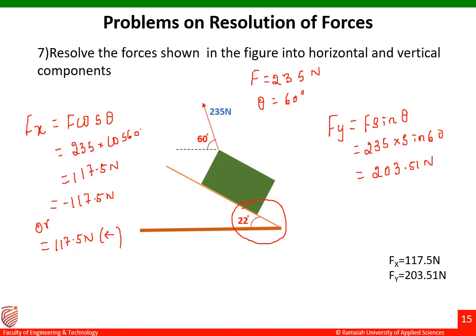Okay, this force is falling in second quadrant. That means my Fy component will be positive. This can also be written as 203.51 Newton. You have to mention the direction of force, that is upward direction. This is how the resolution of the force is done for the given problem.